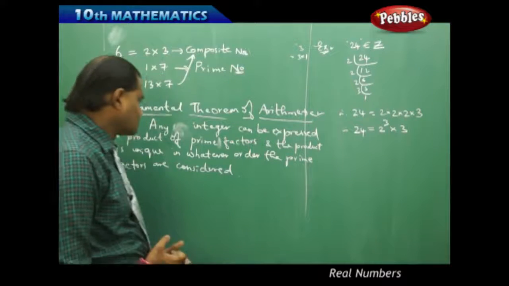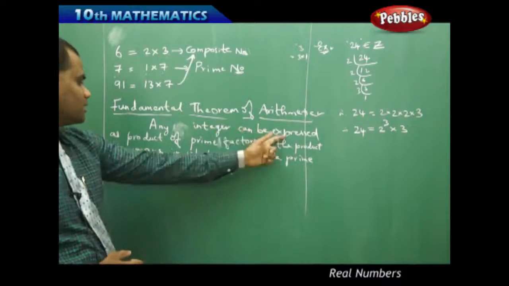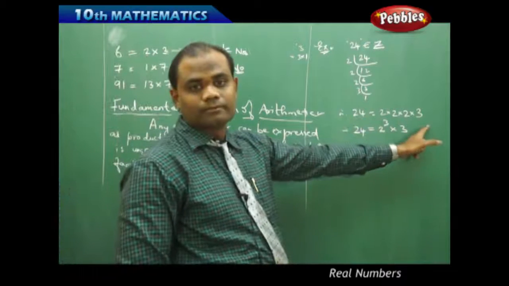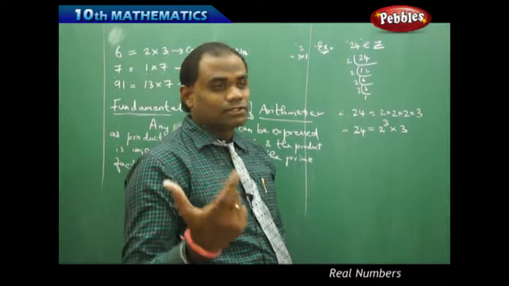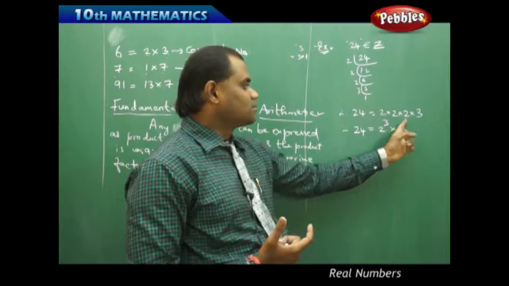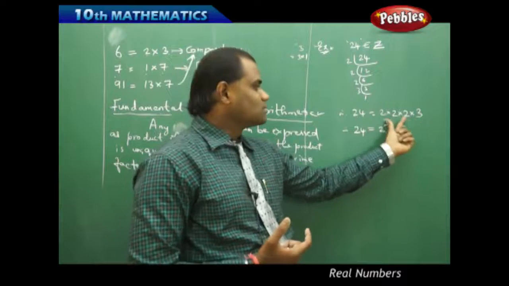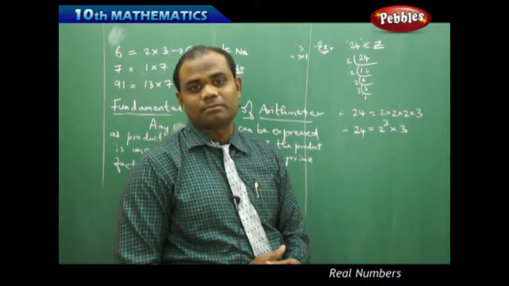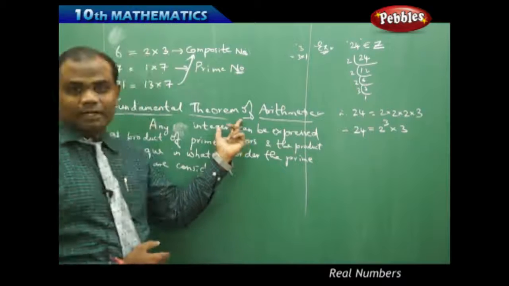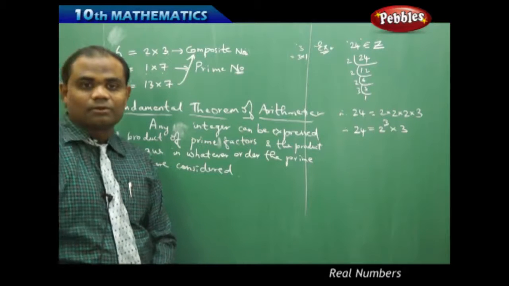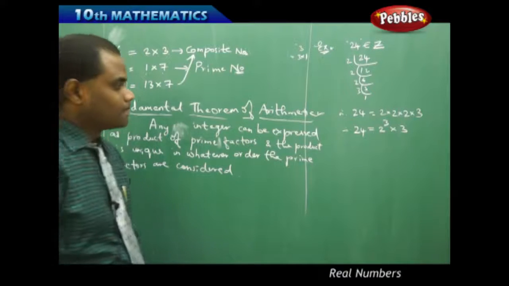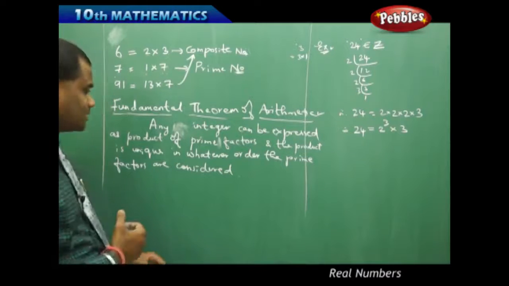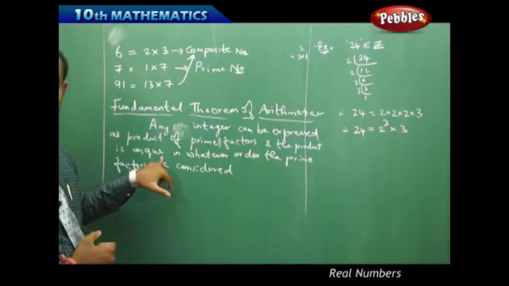So my statement which says that any integer can be expressed as a product of prime factors stands true. I have taken the integer 24, and when I express it as a product of factors, I get all primes. This is a very important statement which has been derived from the fundamental theorem of arithmetic. Similarly, the statement also states that the product is unique.